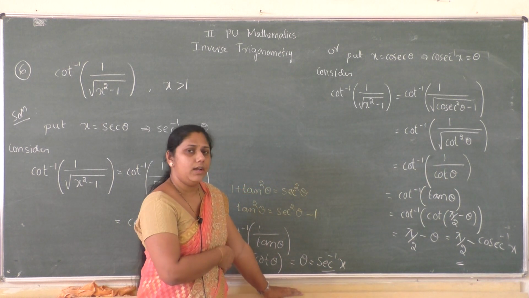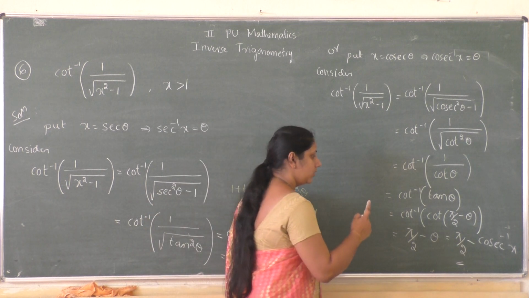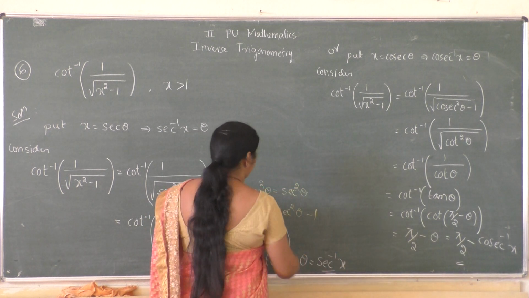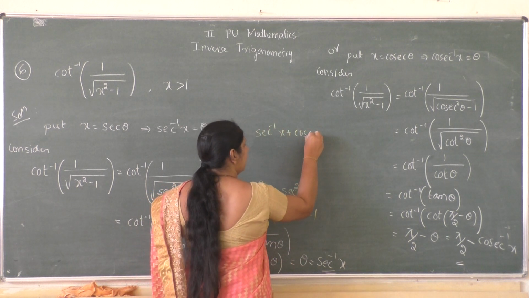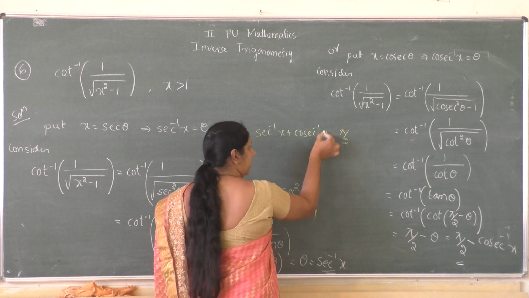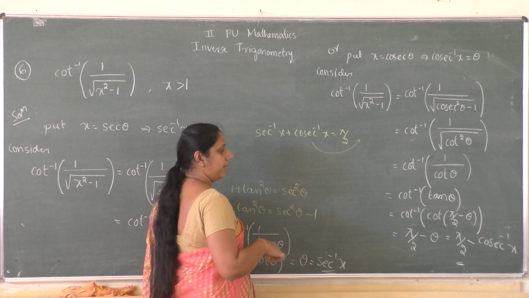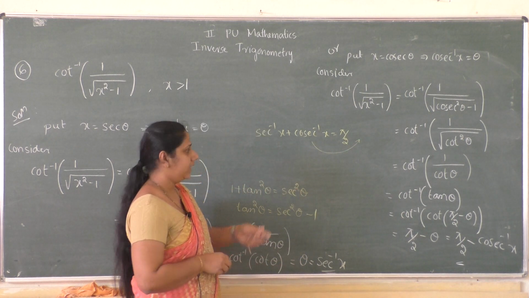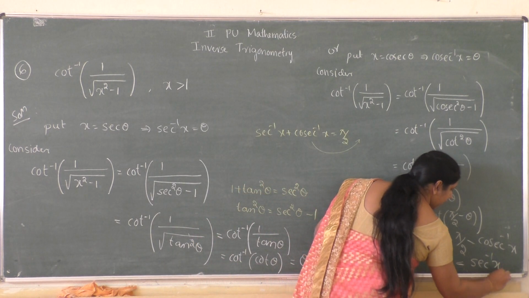One property we have, sec inverse x plus cosec inverse x equal to pi by 2. If I move this term to this side, we get pi by 2 minus cosec inverse x. Then what is the remaining term? It is sec inverse x.